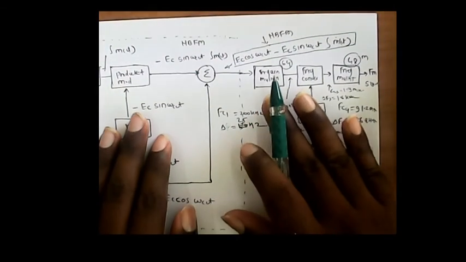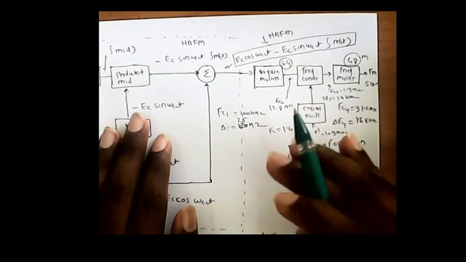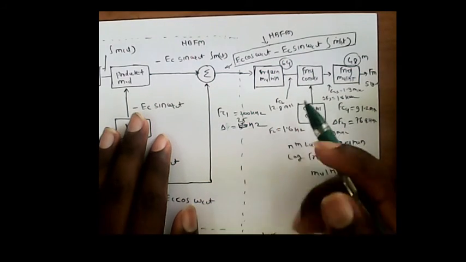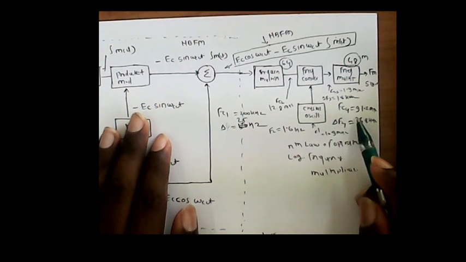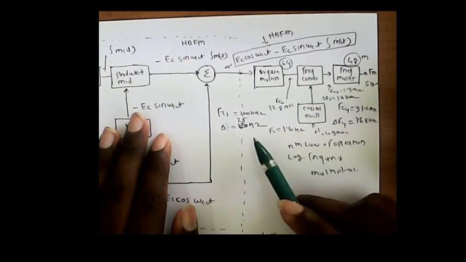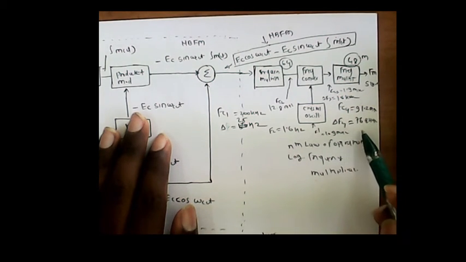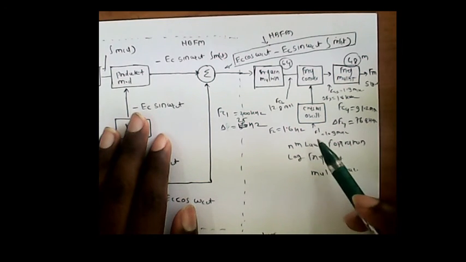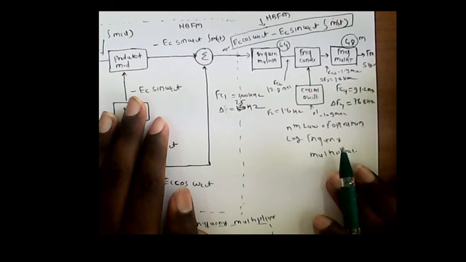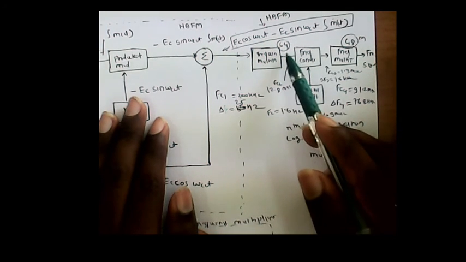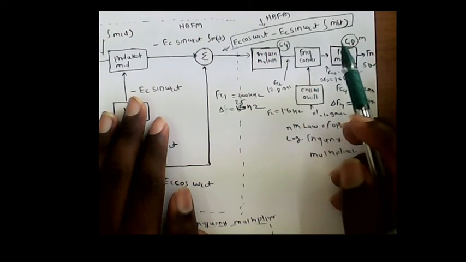So what is the importance of the frequency multipliers? By multiplying, the carrier frequency is converted to 90.2 MHz and the frequency deviation from 25 Hz to 76 kHz. So we require multipliers. According to the nth law operation, we apply two multipliers: a 64 frequency multiplier and a 48 multiplier.